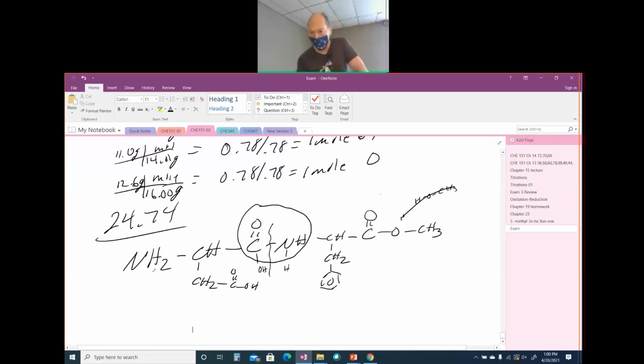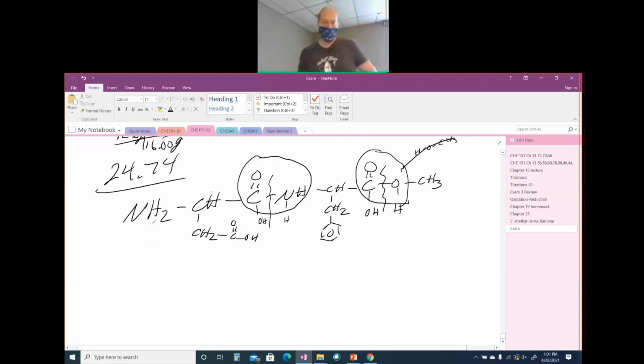Now, when we hydrolyze that, we also hydrolyze our ester. So the ester bond also is hydrolyzed. Again, the OH goes to the C double bond O, and the H goes to the oxygen for an ester. And so your 2 amino acids, you have your NH2CH, and you got your R group being this carboxylic acid, acidic amino acid.